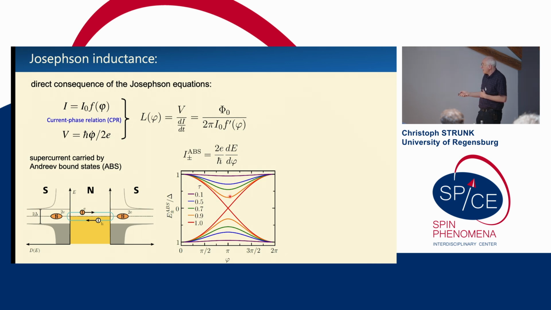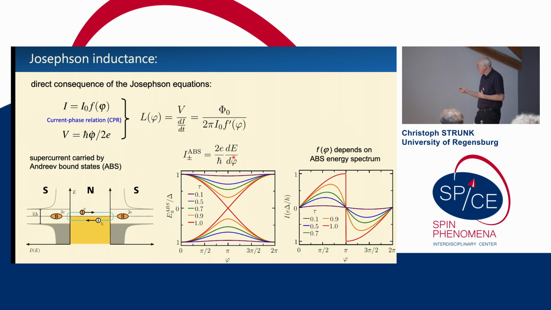Thermodynamics tells us that the supercurrent carried by these states is just given by the derivative of energy with respect to phase, and that it depends on the transparency of this junction. In mesoscopic physics, you have a constriction, which has a certain probability for electrons to be transmitted. This very same probability determines how the spectrum of Andreev bound states looks.